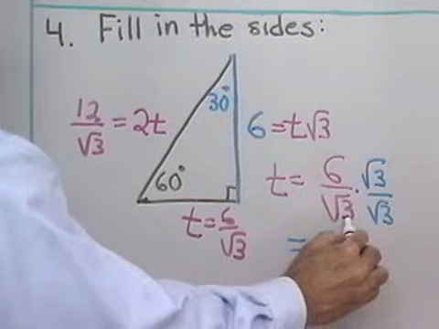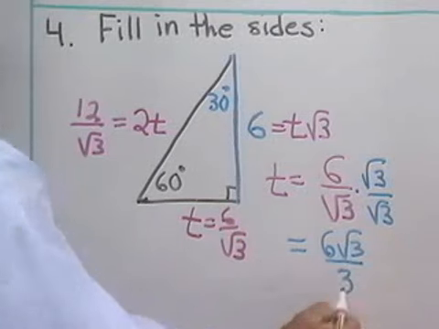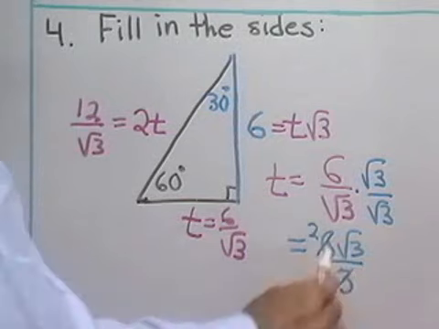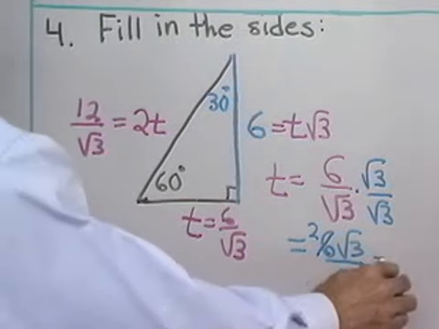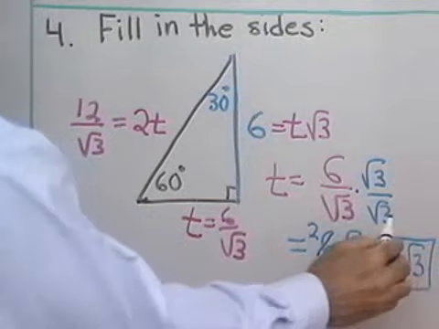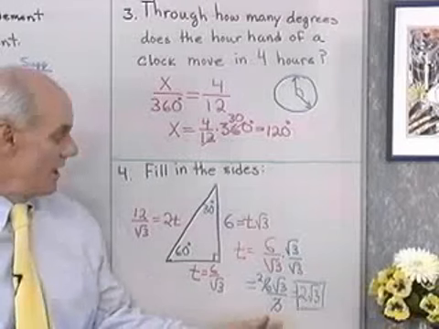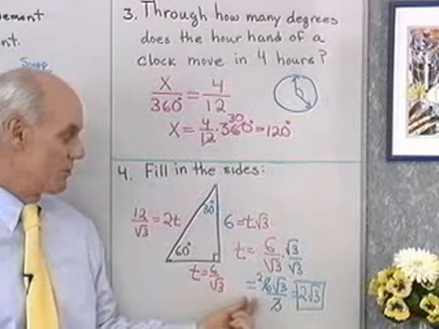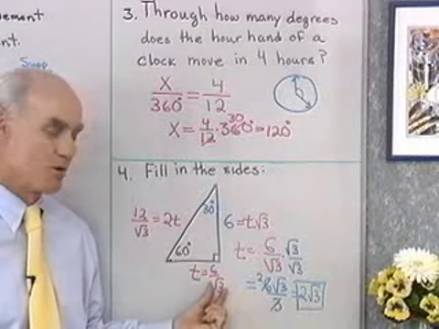The denominator is square root 3 times square root 3, which is just 3. That 3 will divide out with that factor of 3 that's in 6, and I end up with 2 square root 3. So the answer 2 square root 3 is going to be correct for t, and also 6 over square root 3. This expression and this expression are equivalent.